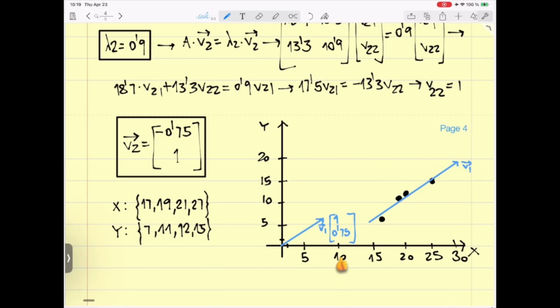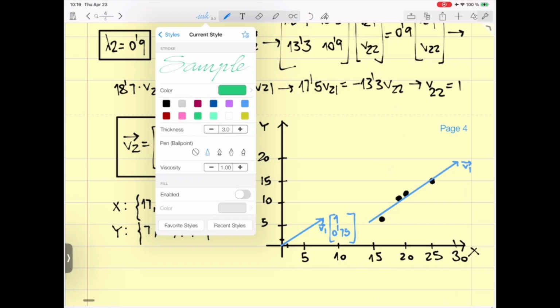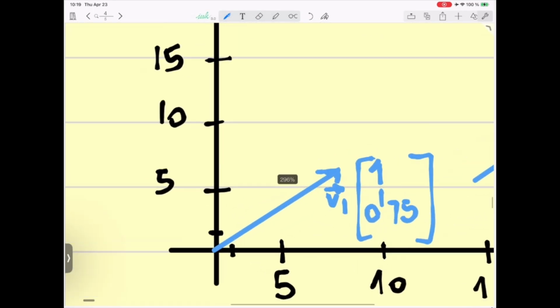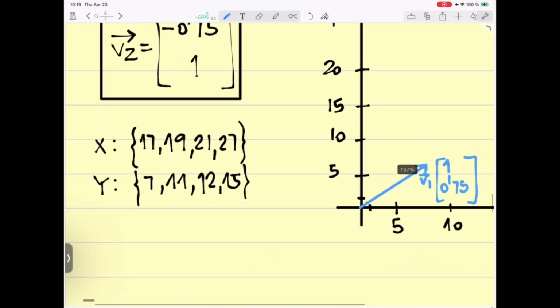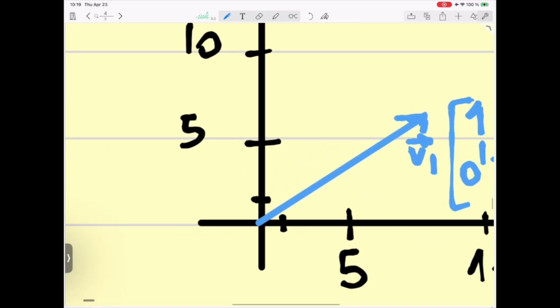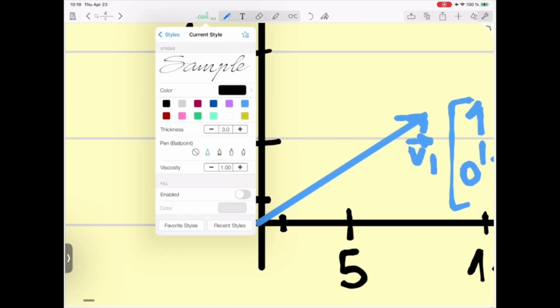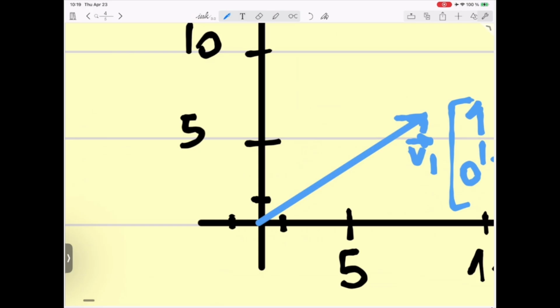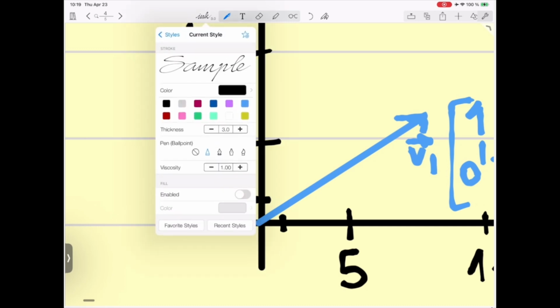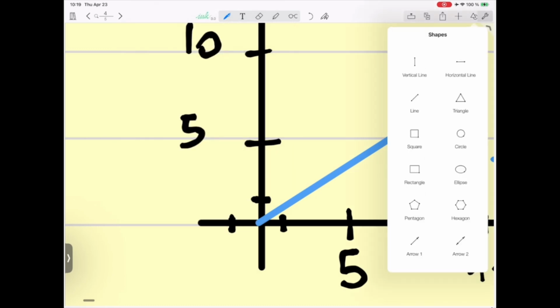The other vector is minus 0.75 and plus 1. So basically perpendicular to the other, it will be something like this.